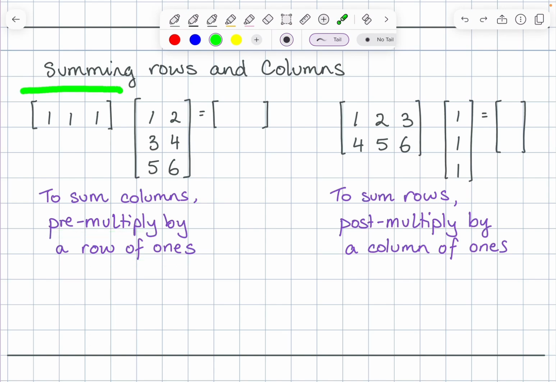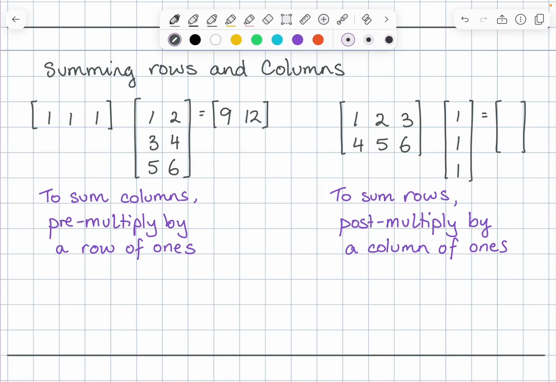Now, pre-multiply means we're multiplying before our matrix, and the number of ones that we put in that row should equal the number of rows, because you're going to be multiplying row by column. So if I was to do this, 1 times 1 plus 1 times 3 plus 1 times 5, you can see it's just adding 1 plus 3 plus 5, 9. So that's going to be 9 there. And then we do that same row, but multiplying the second column is ultimately just adding that up. That's going to be 12.